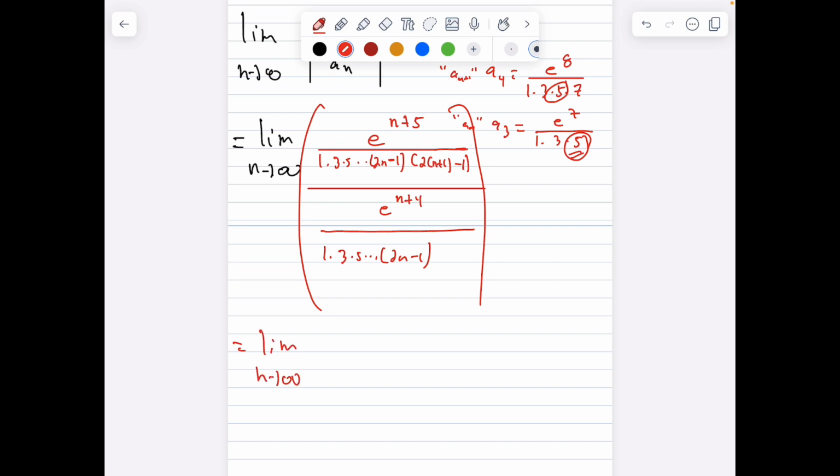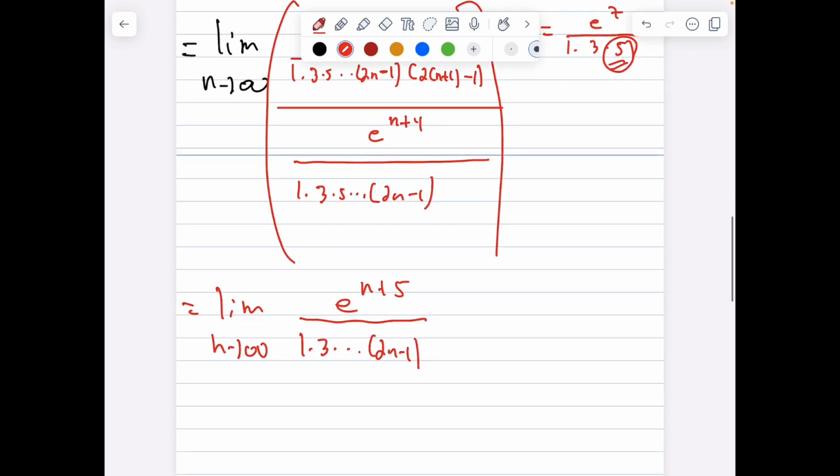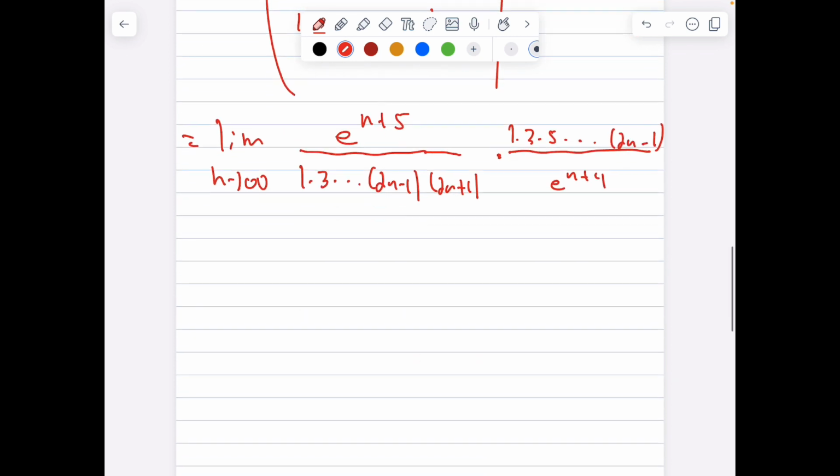Dividing, you get e to the n plus 5 over 1 times 3 times up to 2n minus 1, and then 2 times the quantity n plus 1 minus 1 becomes 2n plus 1, times 1 times 3 times 5 up to 2n minus 1 all over e to the n plus 4. Things would cancel out here. The 1, 3, of course, basically every term up to 2n minus 1 would cancel, leaving e to the n plus 5 over e to the n plus 4 times 2n minus 1 over 2n plus 1.